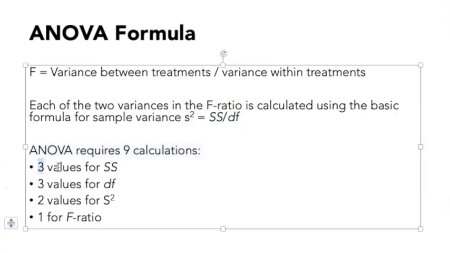There are 3 values that you have to calculate for sum of squares, 3 different sum of square values. And then there are three values you have to calculate for degrees of freedom, three separate degrees of freedom values. Like always, there's a total value, a between value, and a within value for both sum of squares and degrees of freedom. And very similarly, you have to calculate two variance values and then the final F ratio value.